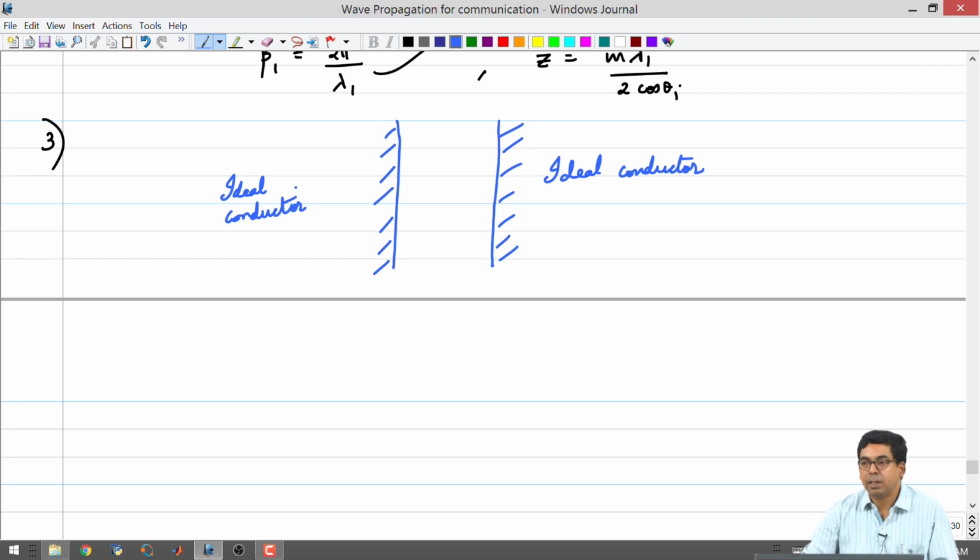On both of these surfaces the boundary conditions are satisfied, and you will notice that you have not perturbed the fields in any way.